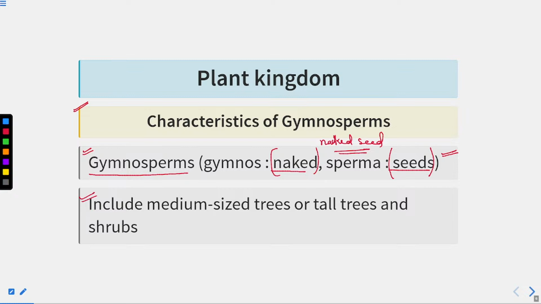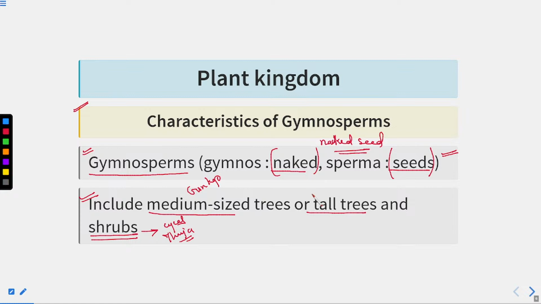This group includes medium-sized trees, tall trees, and also shrubs. Among shrubs, we have Cycas and Thuja as examples. Medium-sized trees include Ginkgo.